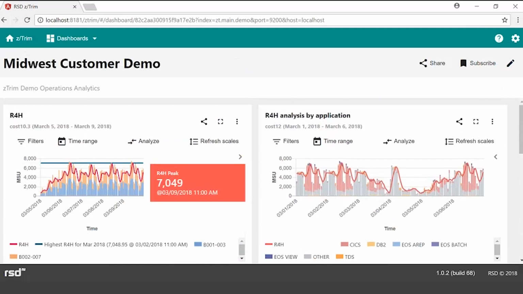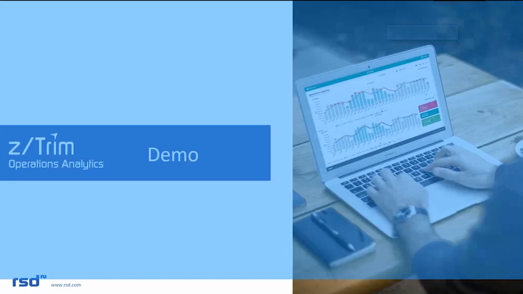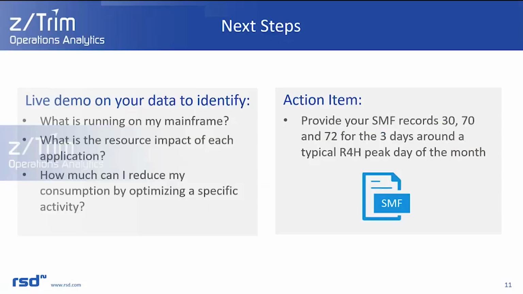No, I just want to reiterate that we've had a lot of great momentum and a lot of great traction with this particular product. And it's almost becoming a two-step process where we give them an overview of ZTrim and its capabilities and its functionality and the power of the product.